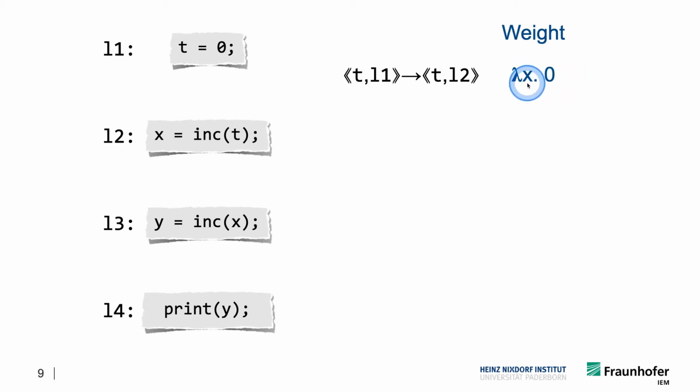Basically, the function space over all integers, and so here we would, in this case, use a constant function that always returns 0, and that models the case that t here is definitely, and independently of any other context in the program, being initialized to 0, no matter what. That's why we have this constant function here.